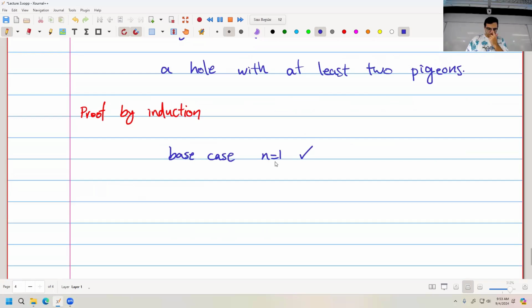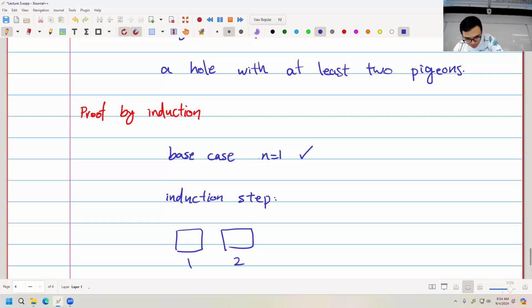Okay. Now let's do the induction step. So in the induction step, I'm going to assume that this holds for n, and I want to prove it for n+1. Okay. So just imagine this. Imagine that I have n+1 holes.